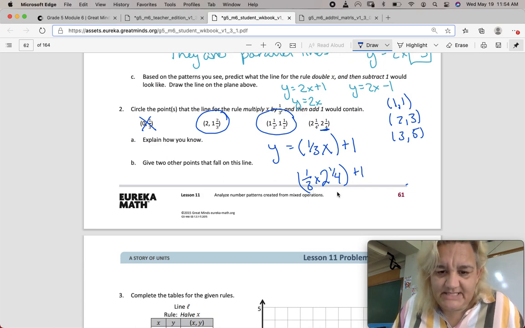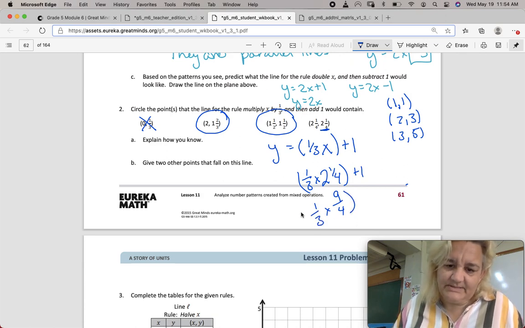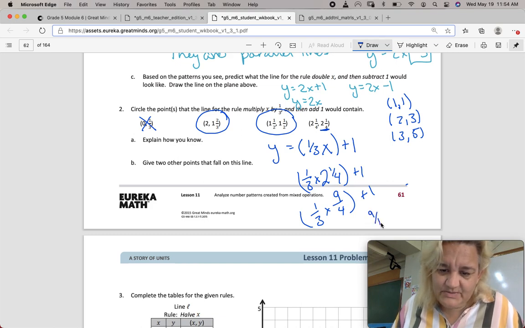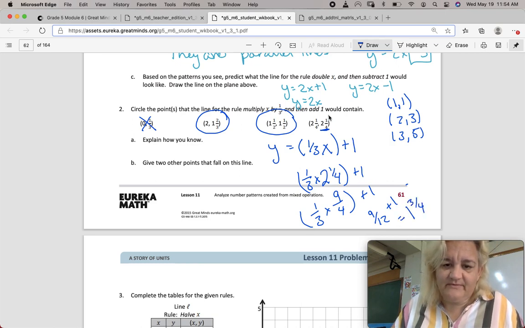Let's see, let's change that to 9/4 just to make it a little simpler. And that is going to be 9/12 plus 1, which equals 3/4, so 1 3/4. Did we get 1 3/4 for our second answer? No, we didn't, so that one doesn't work either.